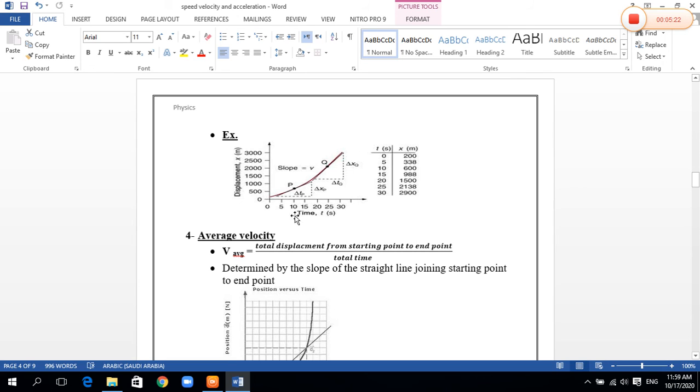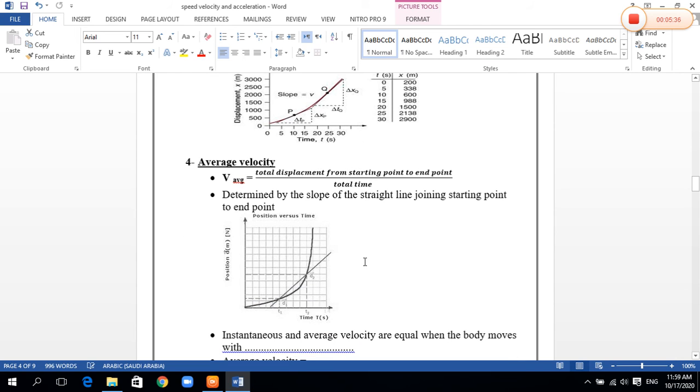Okay, in this case we can calculate the average velocity of motion, which is calculated by the total displacement from a starting point to the end point over the total time. In order to calculate that, we can determine the slope of the straight line joining the starting point and ending point.